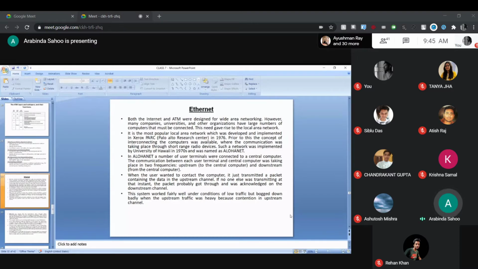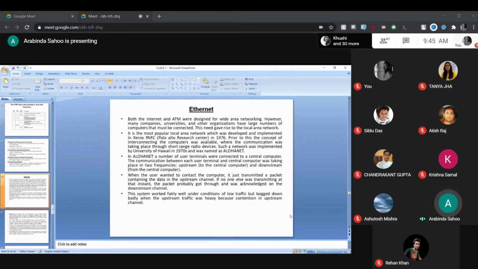The technology used to connect all these local area networks is basically known as Ethernet. So how did Ethernet start? The first Ethernet came into the picture in 1976, when it was first developed and implemented at Xerox PARC.